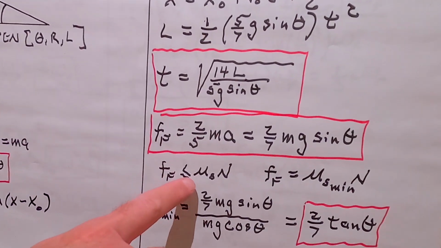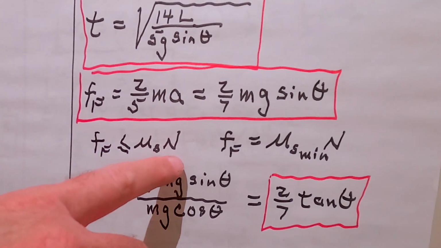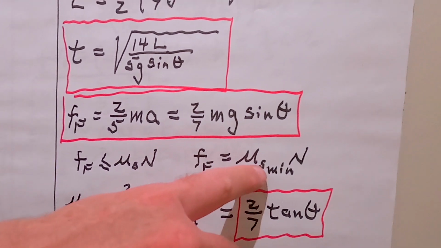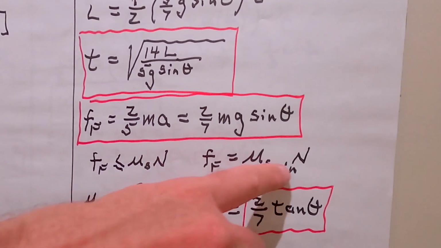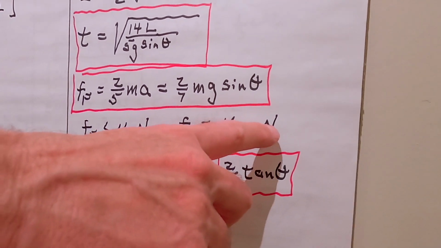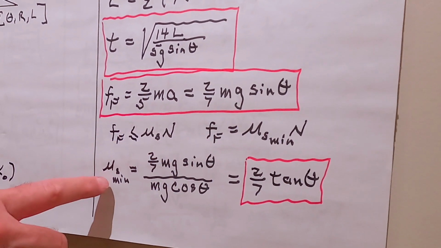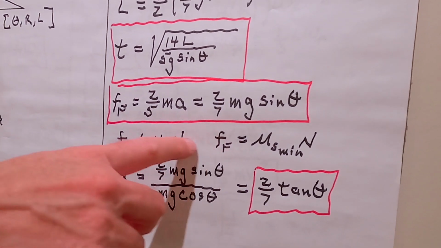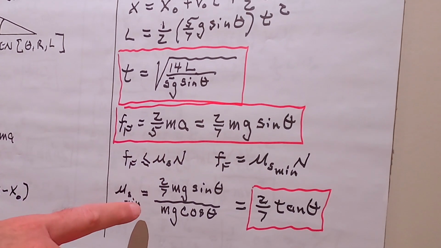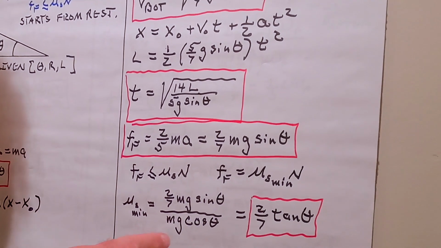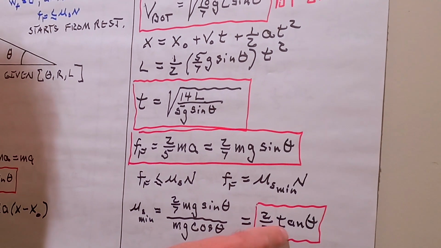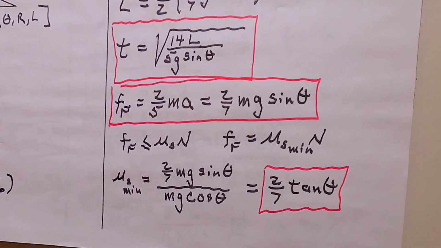Friction is normally less than or equal to, but it's equal when it's at its minimum. We know the friction and we know the normal, which we said was mg cosine theta. So the minimum is the friction divided by the normal. The mg's drop out, and this is 2/7 tangent theta.